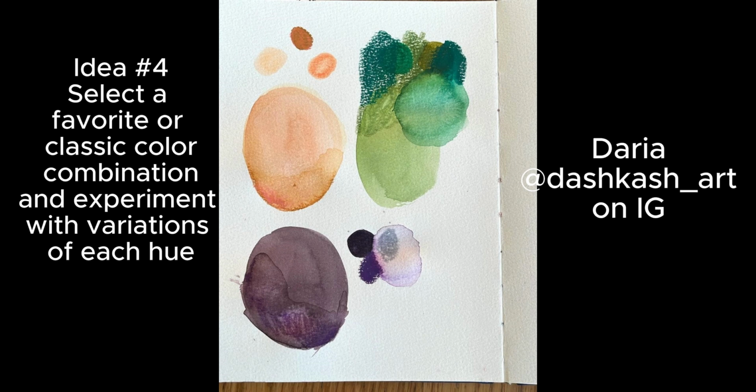But as you can see, she has variations of each of these hues, like the orange, there's this peachy one, there's a brown one, and there's one that's even lighter. And I think she must have used either watercolor pencils or Caran d'Ache wax pastels that are water soluble.